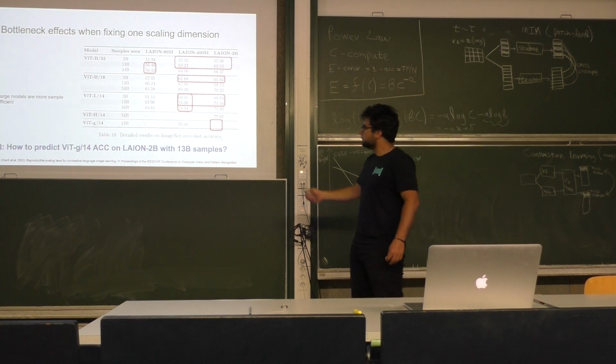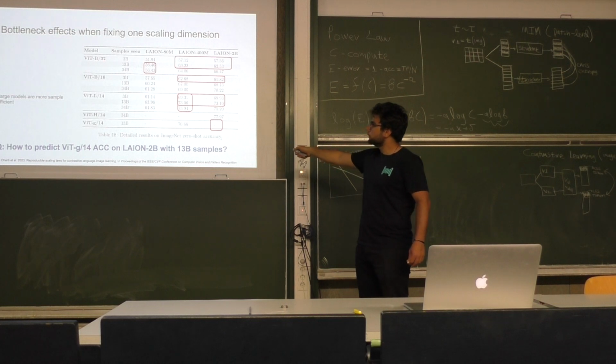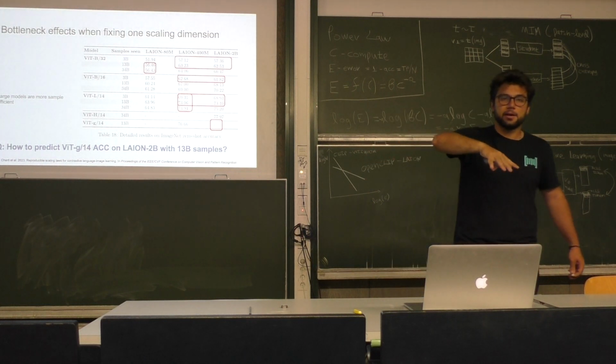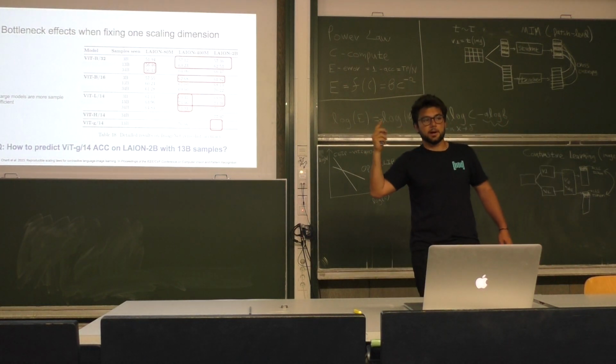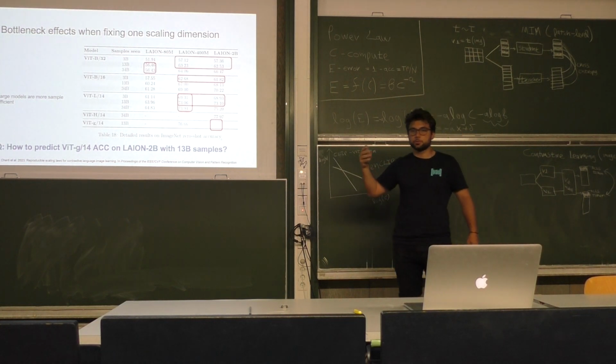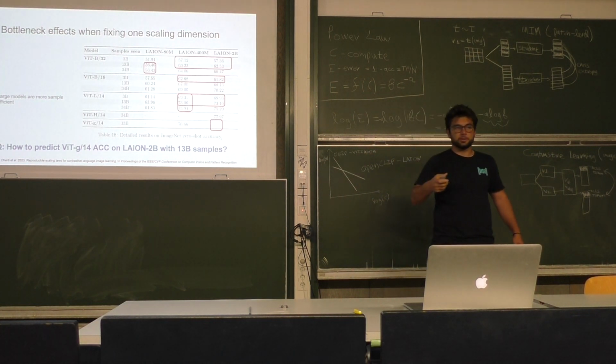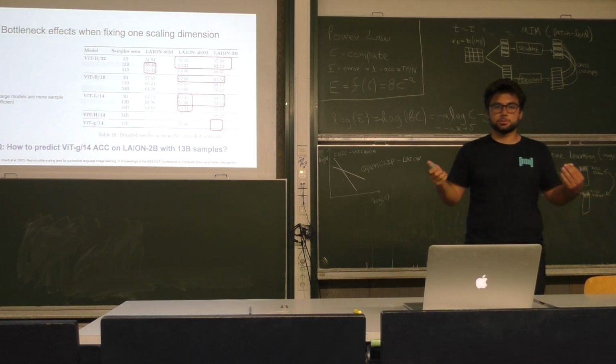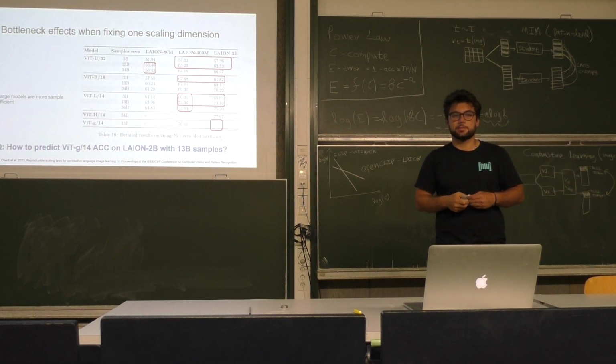So that's why we can do these couple of experiments and predict some behavior of the model on the large scale, and then do only one experiment. So this saves us a lot of compute power, which translates to saving costs.